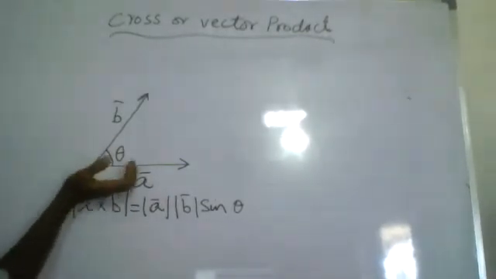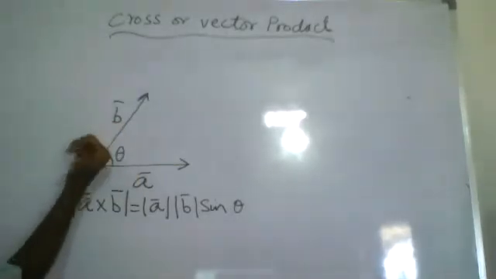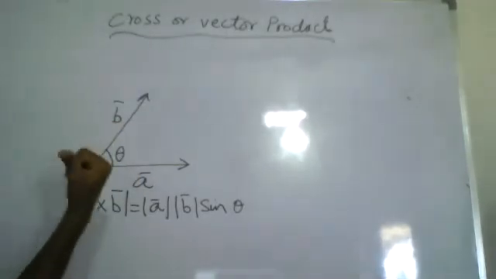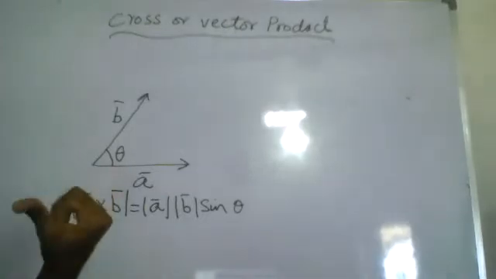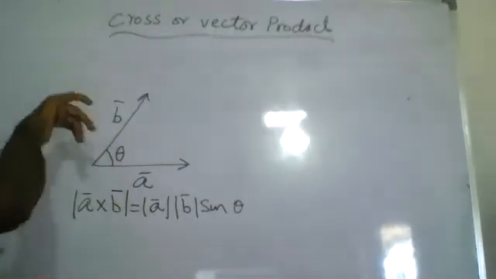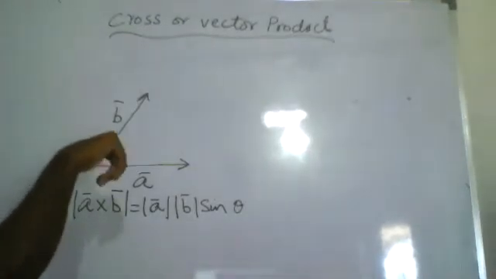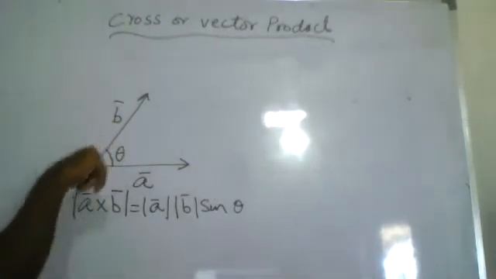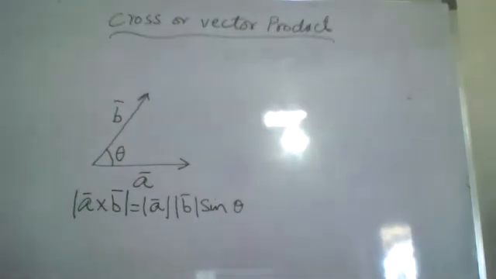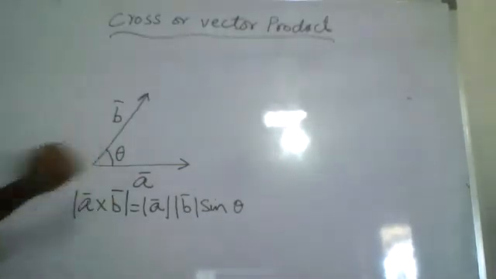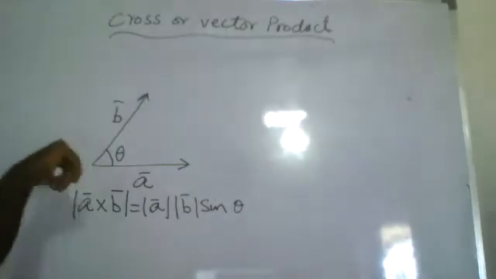A cross B will be outside the board, and B cross A will be inside the board, so the direction will be opposite.